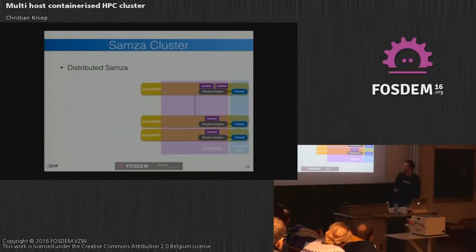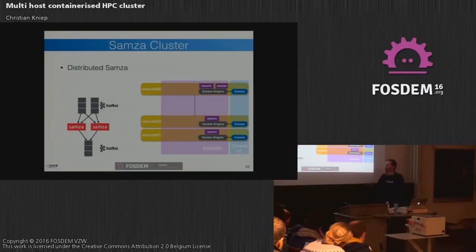That's the Slurm cluster. Since we are not only an HPC dev room, but big data as well, I created a Samza container and put Samza on my cluster as well. Samza, for those of you not familiar with it, is a distributed streaming processor pipeline, which uses Kafka for communication. You create a Samza job that reads from a Kafka topic and writes to a Kafka topic.